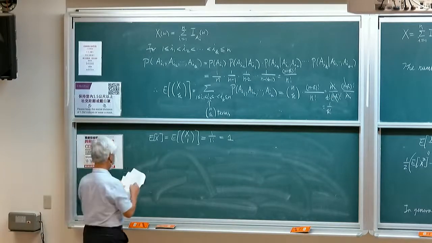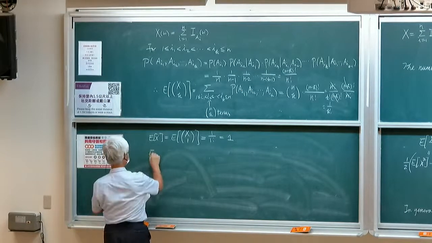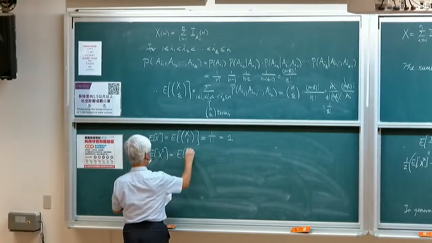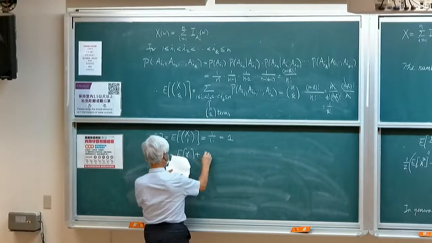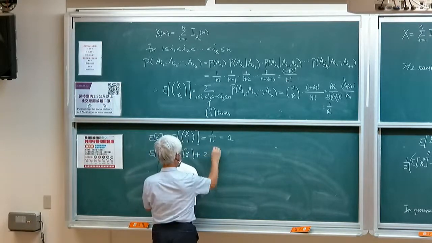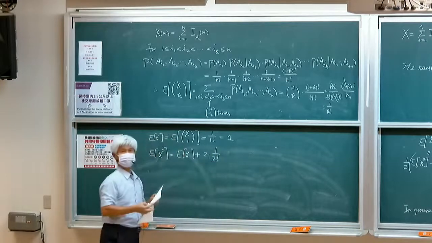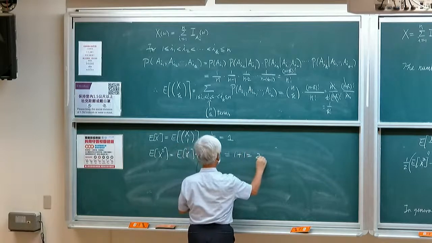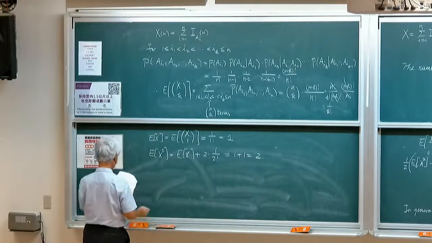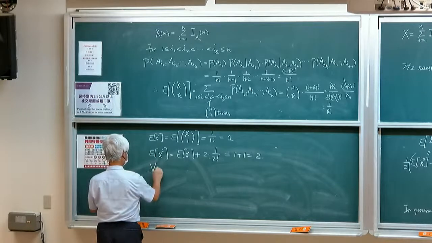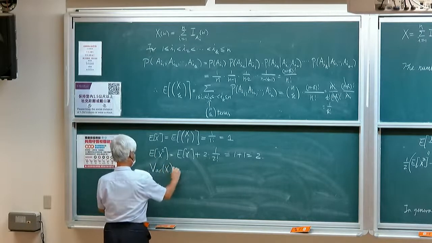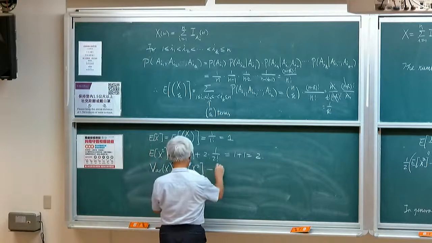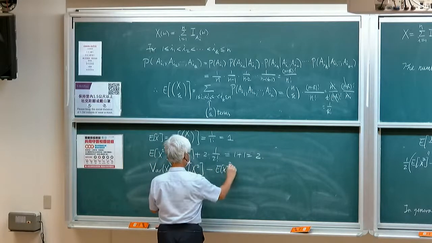Very interesting. And the expectation of x squared, as we know, is the expectation of x plus 2 times the summation, so this is 2 factorial. So this is 1 plus 1, which is equal to 2. And so the variance of x is the expectation of x squared minus the square of the expectation.